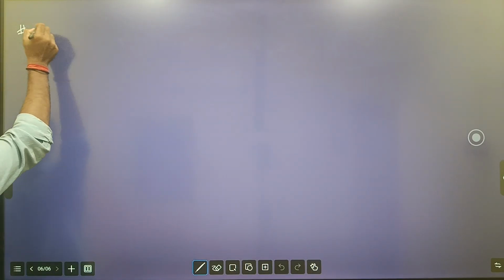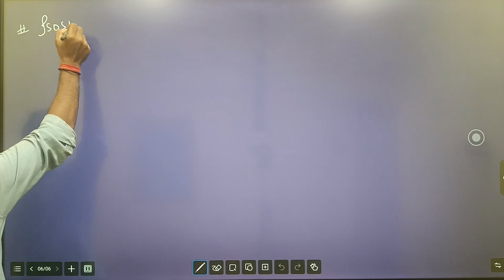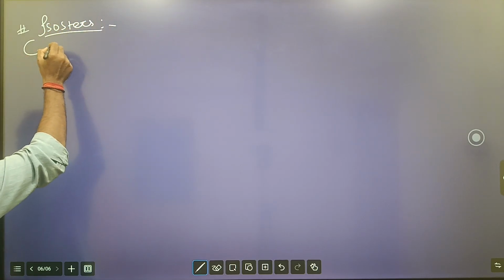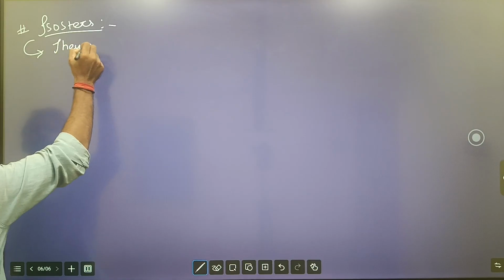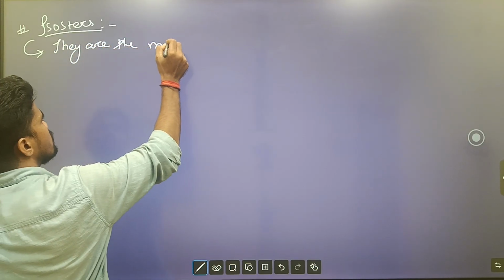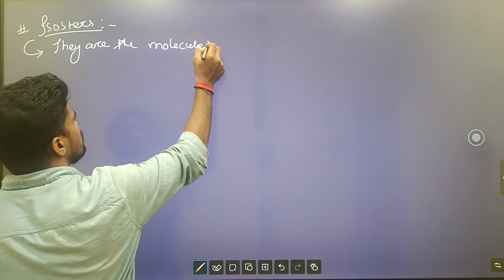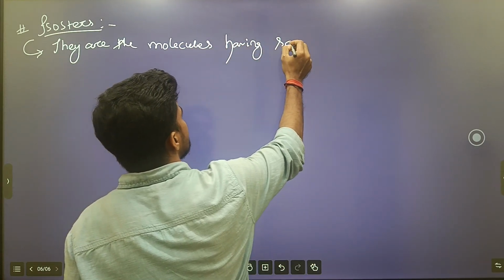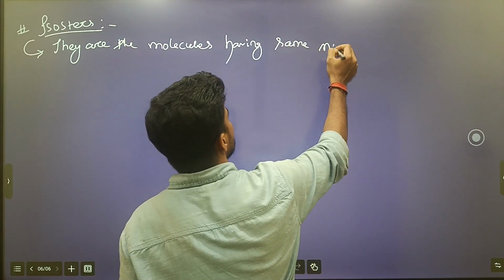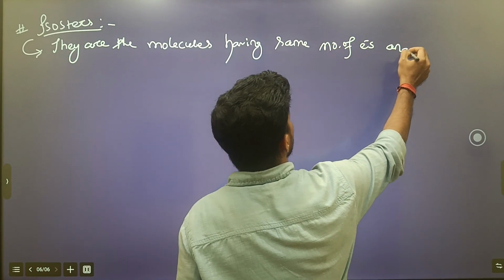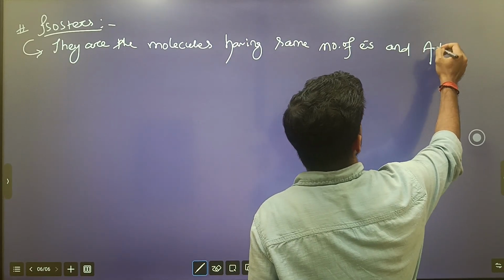isostars. So in isostars, what isostars means, they are the molecules having the same number of electrons and atoms.